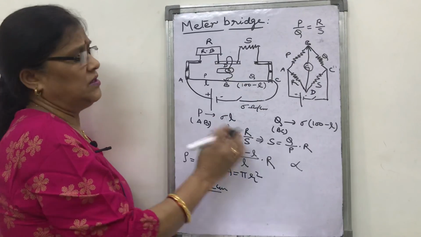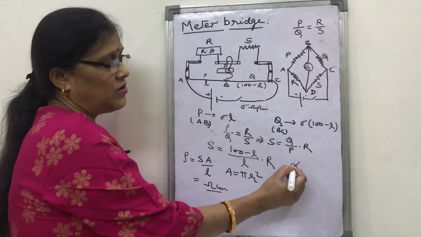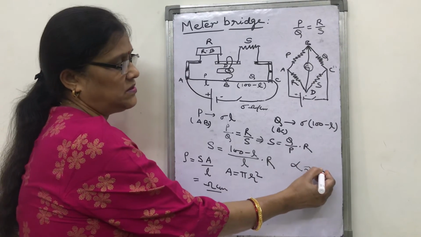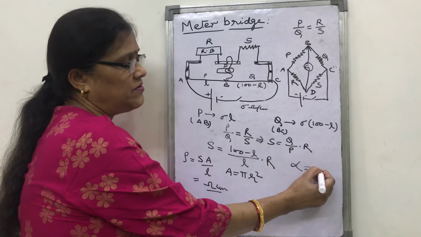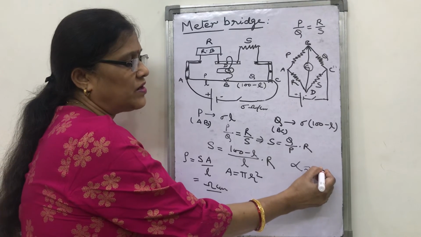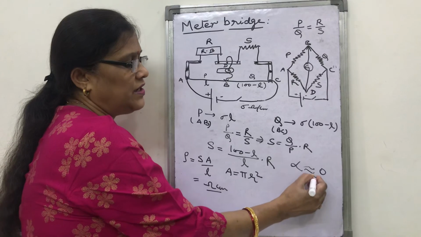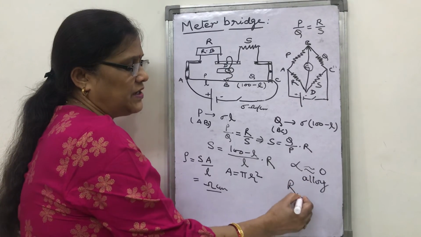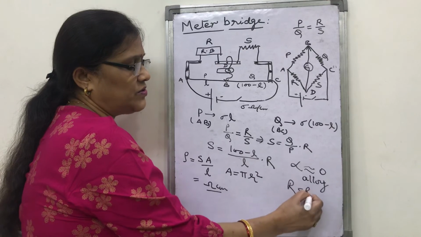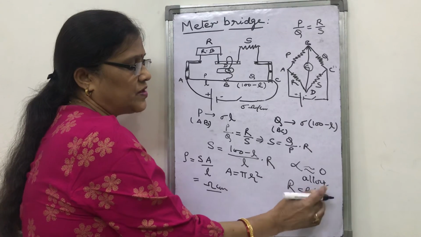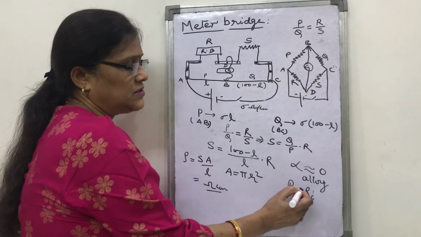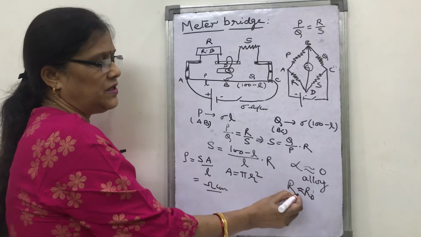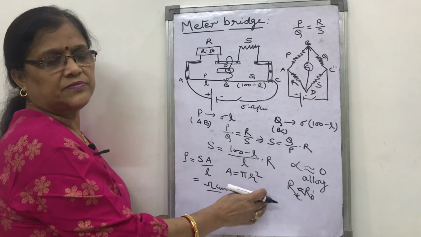You have read in the previous topic that alpha is negligible for alloy. So in case of alloy, the resistance variation is written as RT equal to almost R naught, that is, the resistance at the reference temperature is the same as at any increased temperature.